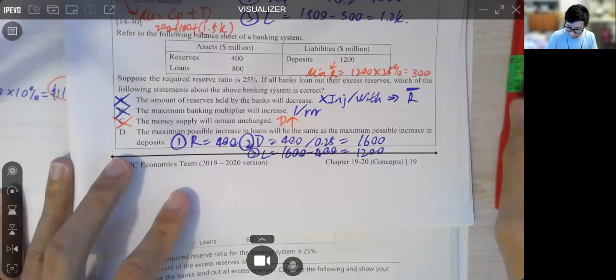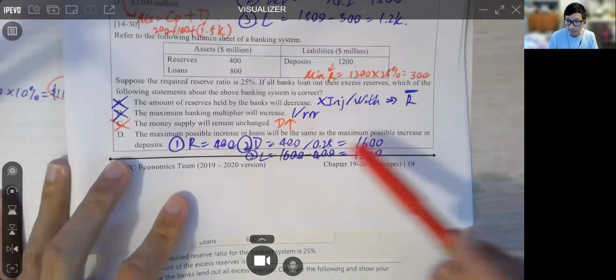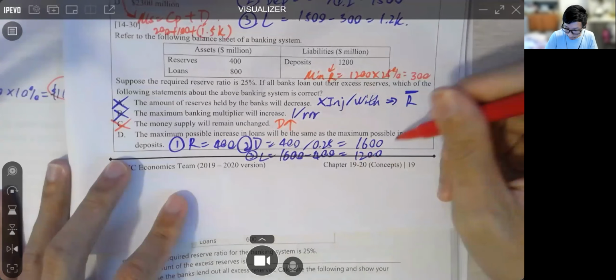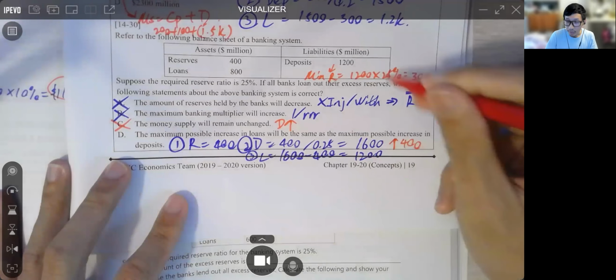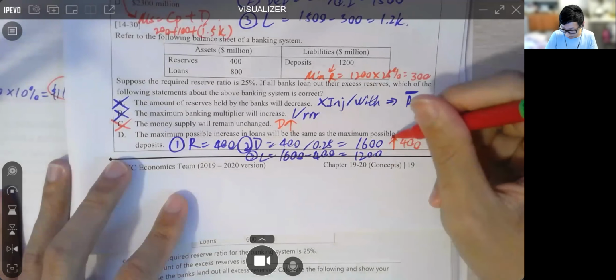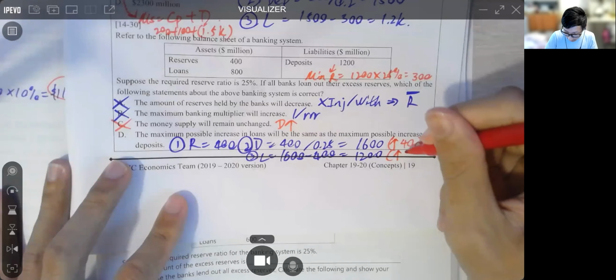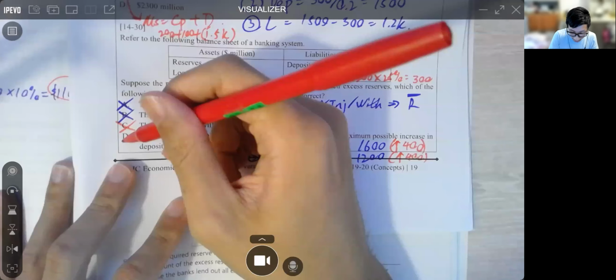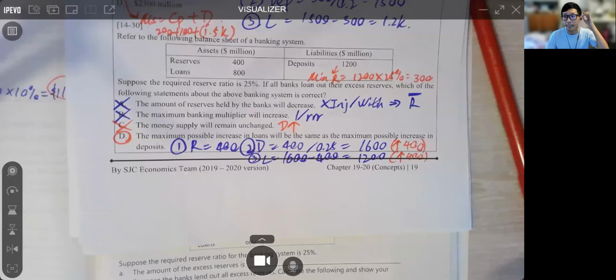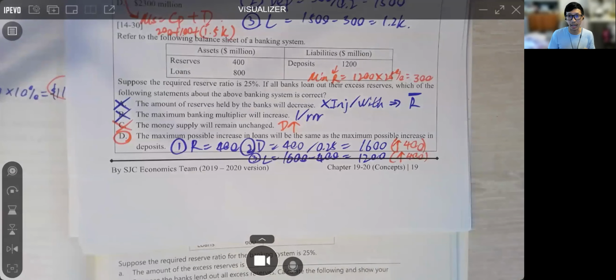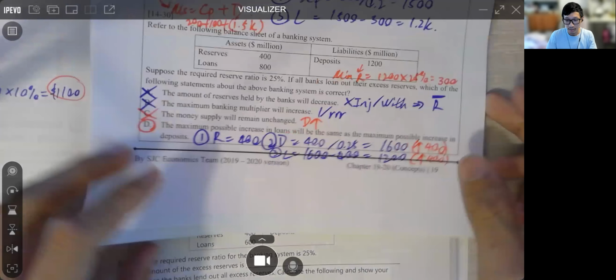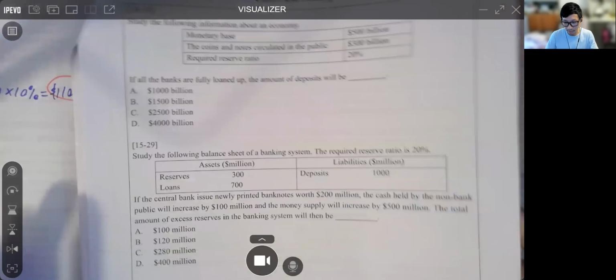Now let's check. Deposit would be increased by 400. 1,600由1,200到1,600 increased by 400. Loans 800變1,200. You see? Exactly, right? The maximum possible increase in loan is exactly the same as that of deposit. Okay, this is correct. Okay, 好嘛？好，next page.